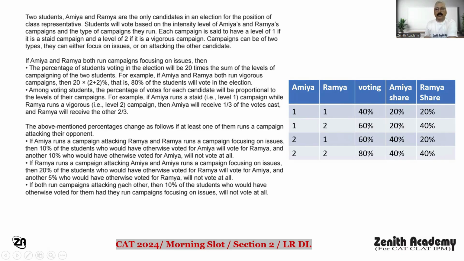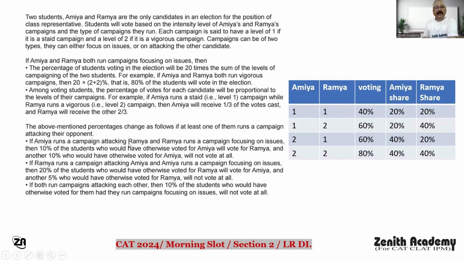So it means one is attacking, like Amya is attacking and Ramya's campaign is issue based, or Amya's campaign is focusing on issues and Ramya is attacking, or both of them are attacking each other. It is given at least one of them runs a campaign attacking their opponents.